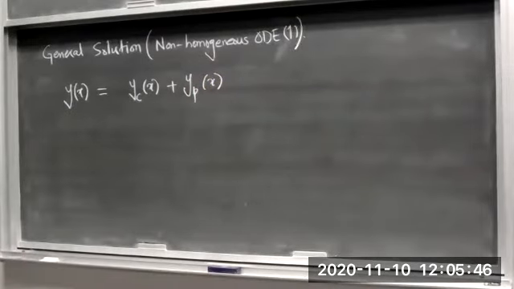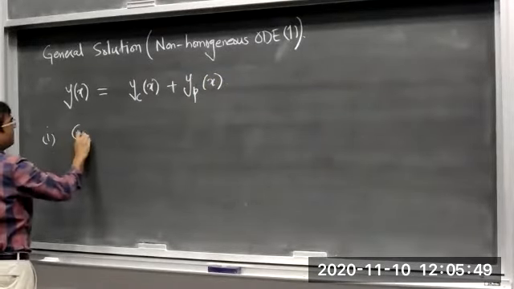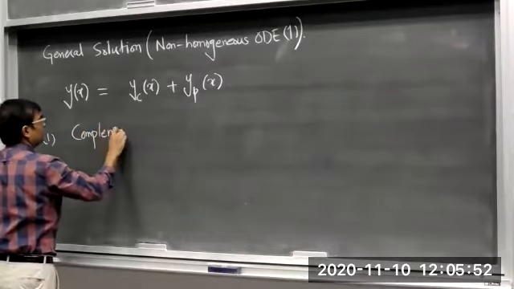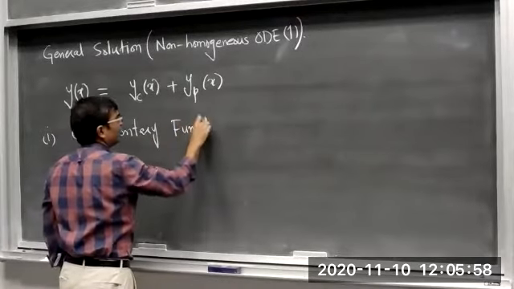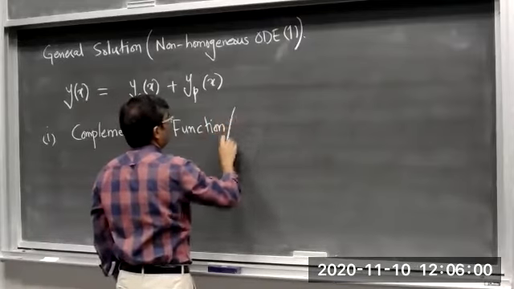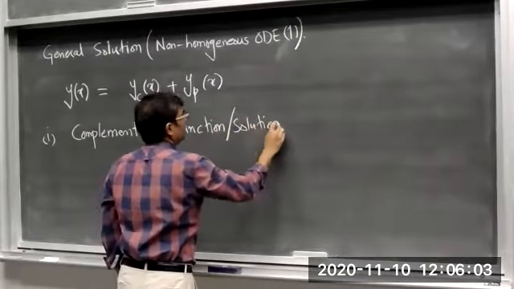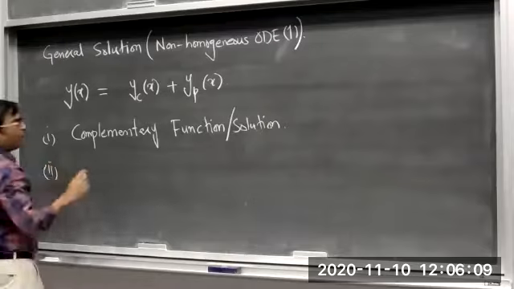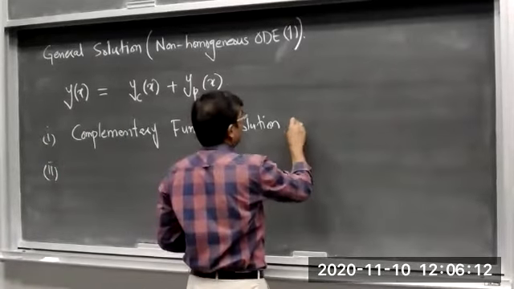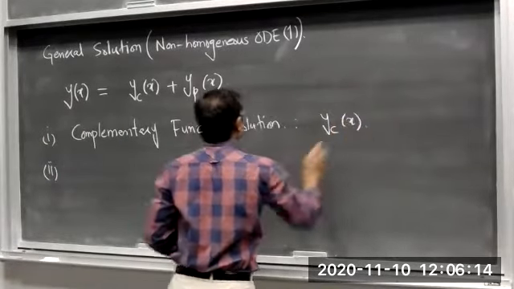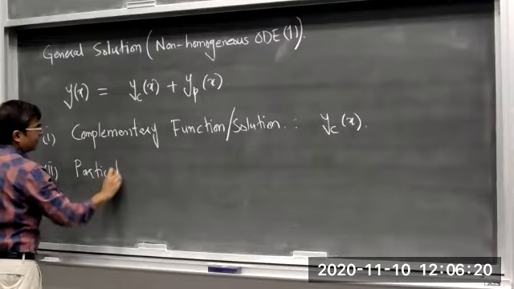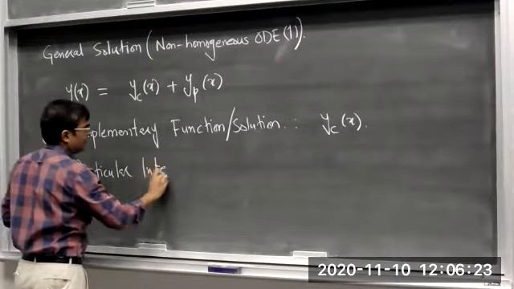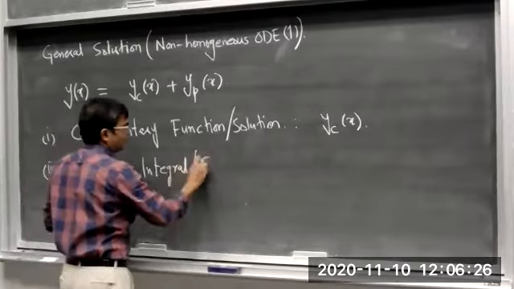Now, what is yc of x? yc of x is the complementary function or complementary solution. The second one, yp of x, is the particular integral or particular solution.